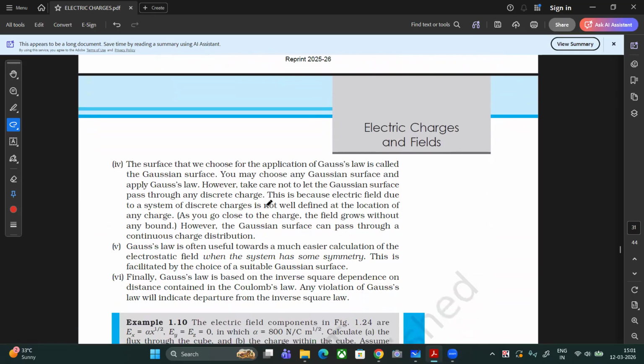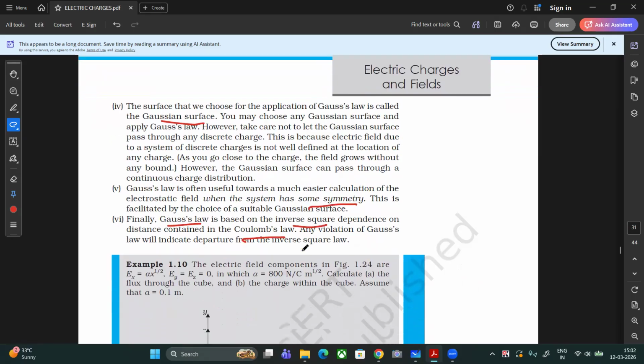The third is that it definitely has a Gaussian surface, that is, a closed surface, and the Gaussian surface should have some symmetry so that we can use geometrical formulas. Finally, Gauss law somewhat resembles Coulomb's law. It has an inverse square dependence. Somehow it has some differences, but it is an inverse square dependence.